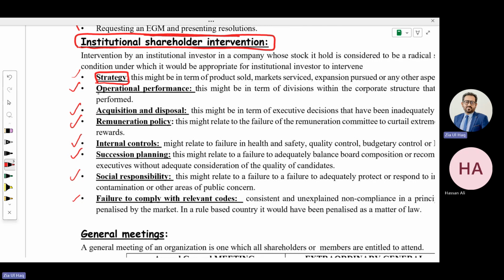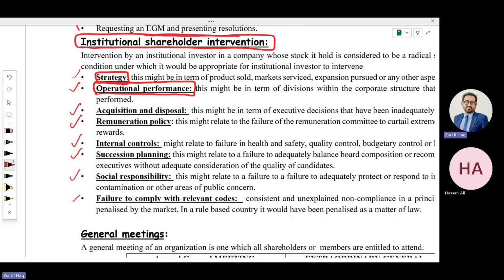They play an active role in operational performance. If the company is not performing well, meaning company performance is poor, they ask questions. They try to highlight the areas where the company is performing badly so that the company can improve. Because if nobody asks about your poor performance, you will not be bothered to improve it.